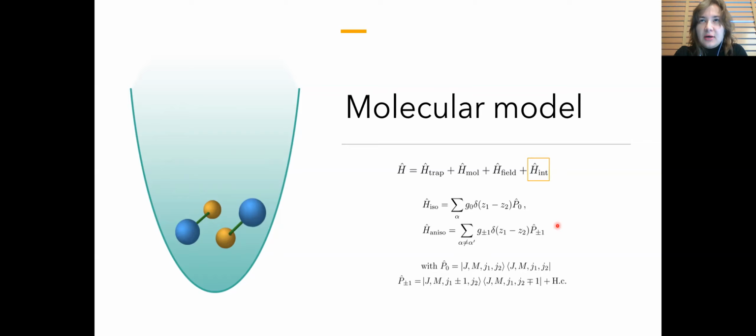Okay, I know what you mean, and I actually wasn't thinking about this interaction in this electromagnetic way. I mean, this is the same interaction as the isotropic interaction between atoms, but because molecules can have orientation, the orientation dependence of the electrostatic electronic interaction gives this coupling between different rotational states.